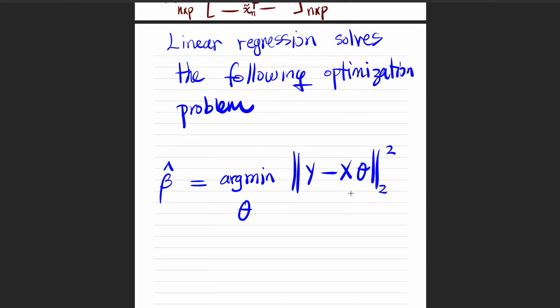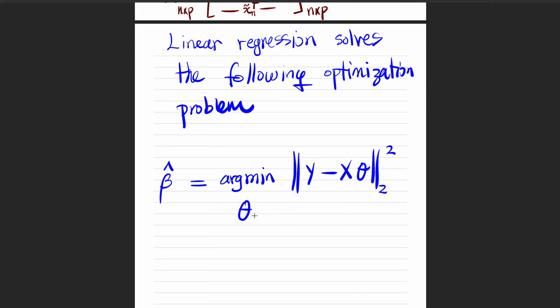Here the error is the sum of the squared residuals, which is the L2 norm. So we are trying to find a vector theta such that it makes this quantity as small as possible.